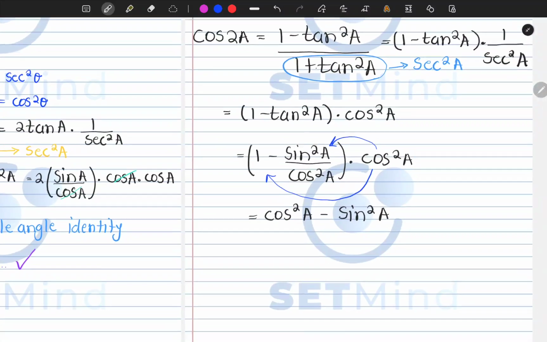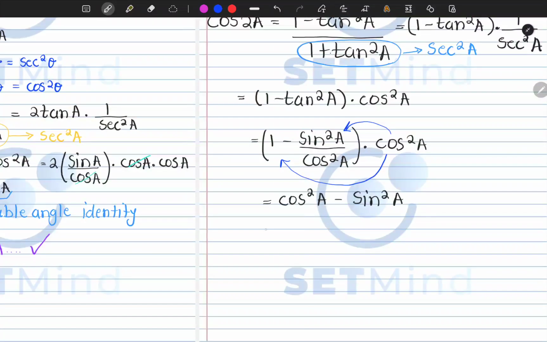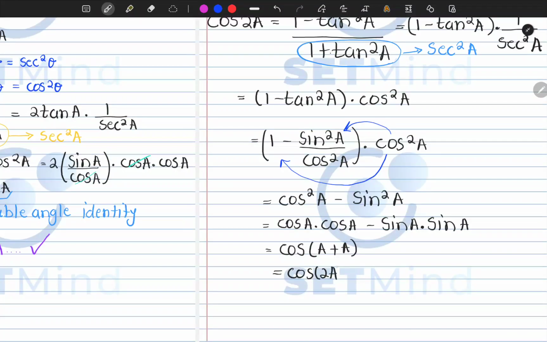And this will obviously be the double angle identity, because this you can write as cos of A, because it is squared, multiplied by cos of A minus sine of A multiplied by sine of A. And if you look carefully, this looks like the cos identity when you have A plus A. And this becomes cos of 2A, which is what we had on the left hand side.